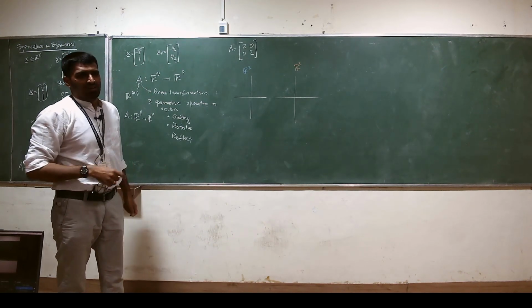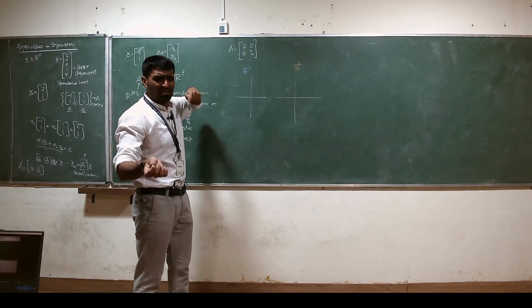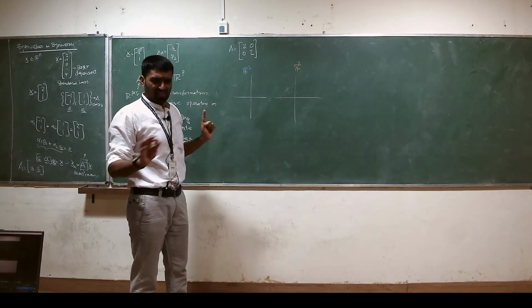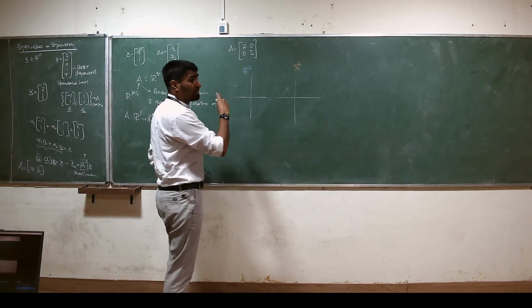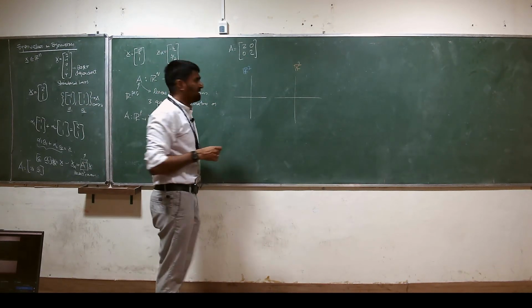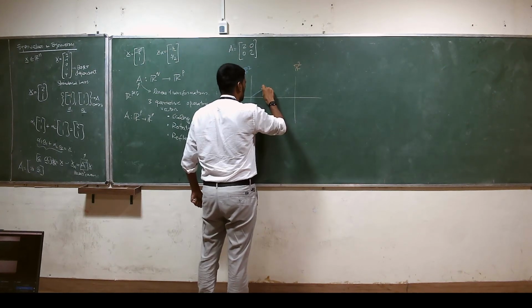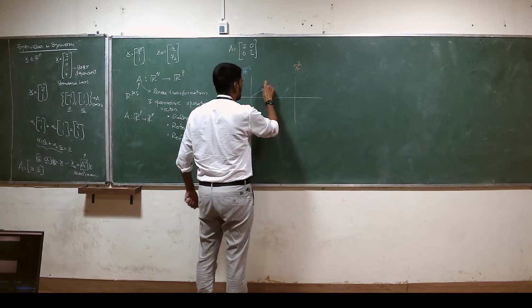I mean, we have this matrix. If I give you a vector, you will immediately tell me what Ax is. That's easy to do. Okay. But we want to understand what geometric operation is being performed by this matrix. Okay. Let's say we choose a vector. We choose this vector. Let's say it's 2, 1.